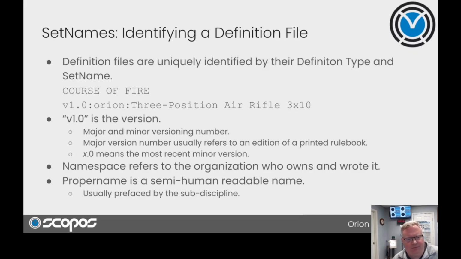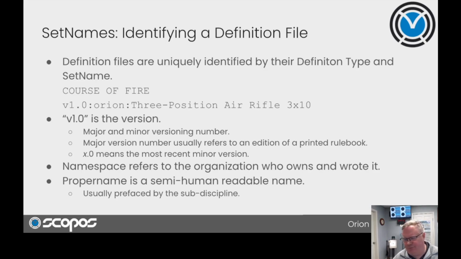The V1.0, that is the version number. Definition files do have versions, and you basically expect that at some point you'll be updating them. And so we have major and minor versions of definition files. Major versions largely refer to major revisions of a printed rulebook.